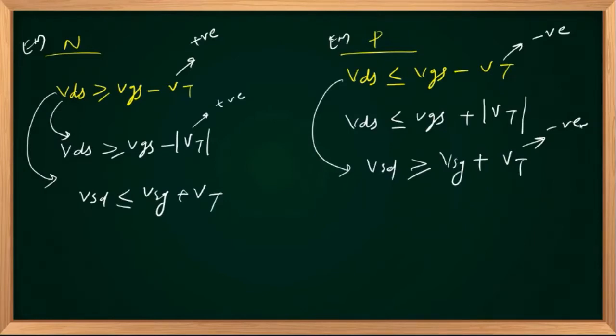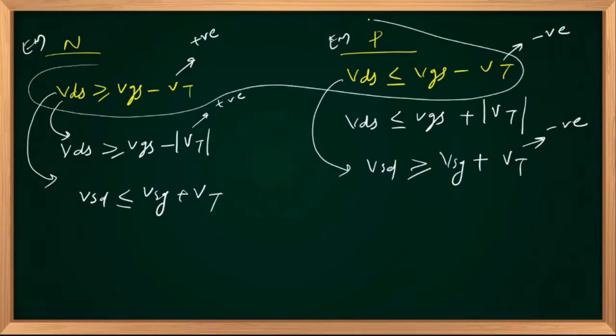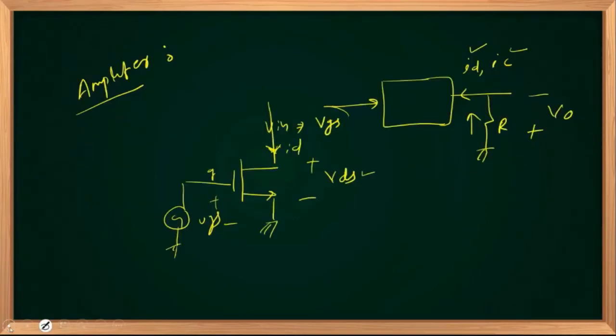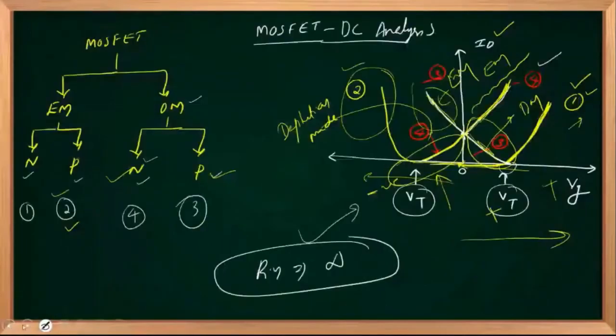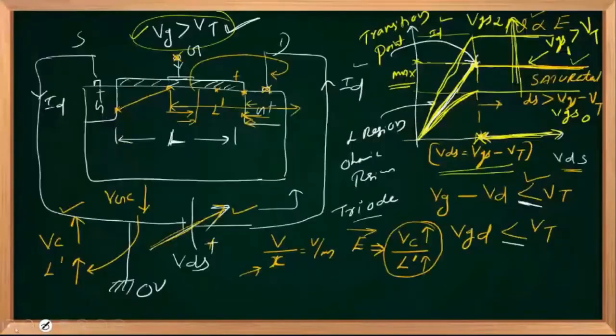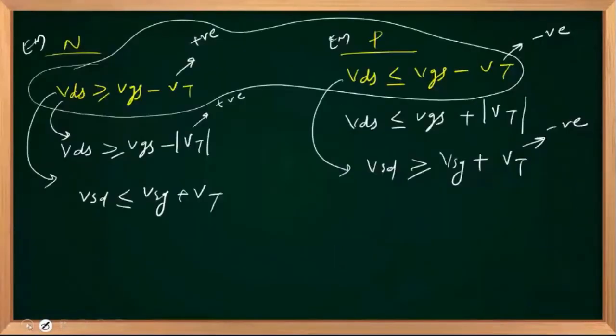So many ways you can write, but you need not go for all these expressions. A simple thing you can remember is these two equations, and that too logically done by hand. Only remember about these characteristics in your mind always, the output characteristics, this one. And please ensure that you understood it as VDS equal to VGS minus VT point in the case of N channel device. Greater than that is the saturation condition. That you can easily remember: VDS greater than or equal to VGS minus VT, and you know that VT is positive.